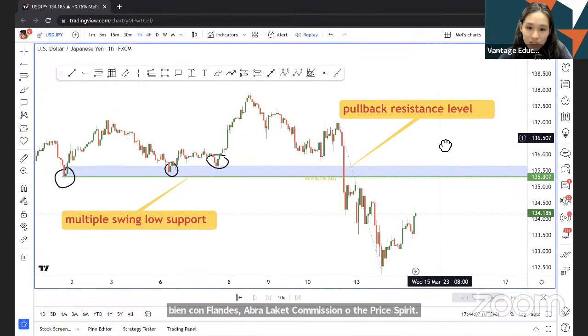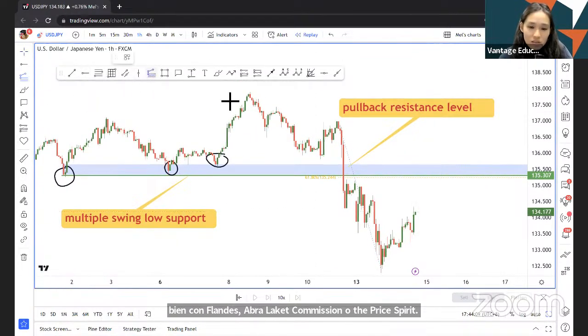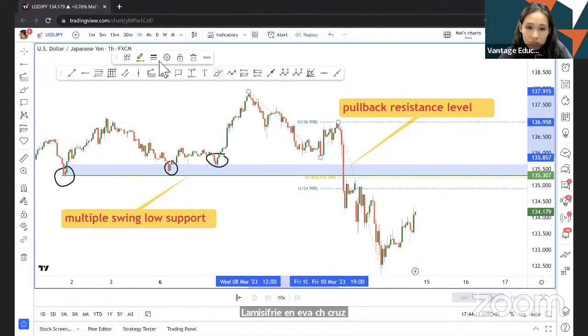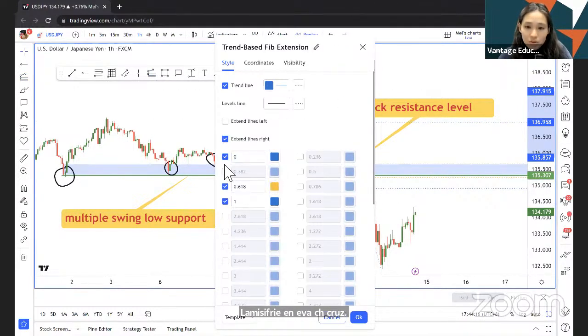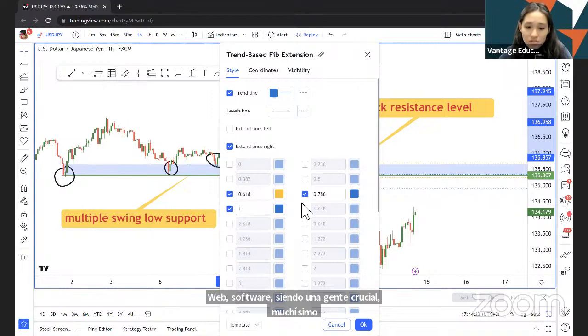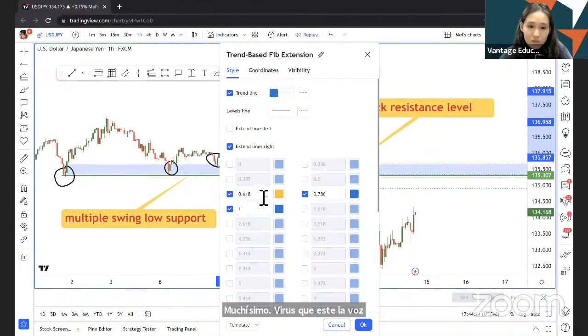Let me see if we have any other levels. For Fibonacci projection, which is what I'm looking for here, we use these three levels: 61.8, 78.6, as well as 100%.